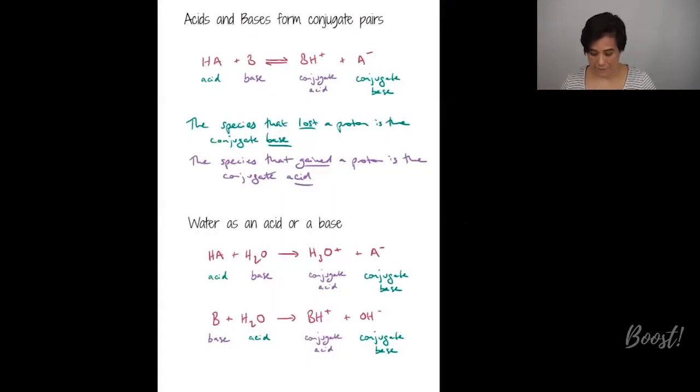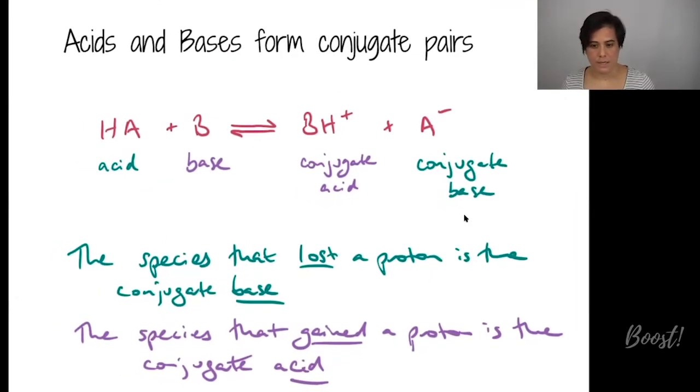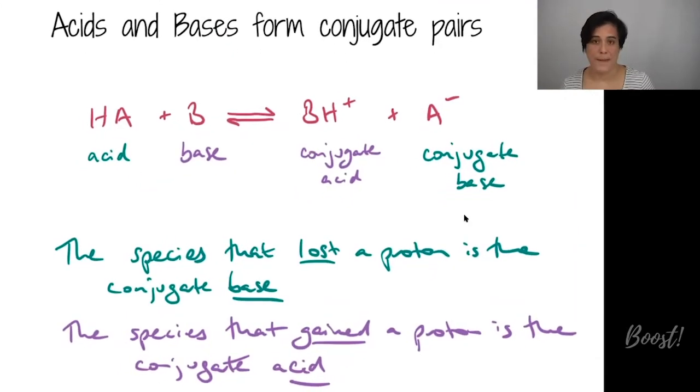Relating to that, for the OCR board, you do need to know about conjugate pairs. When acids and bases react, they form conjugate pairs. We've taken the same equation we had on the previous slide, HA plus B goes to BH+ plus A-.